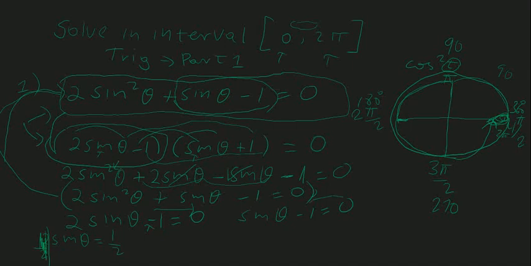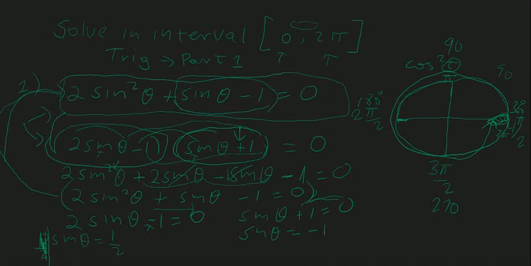You move it to the other side, so the sine angle is equal to negative 1, because when I take this one outside, it takes a negative.